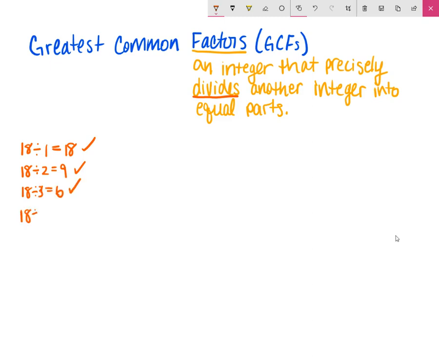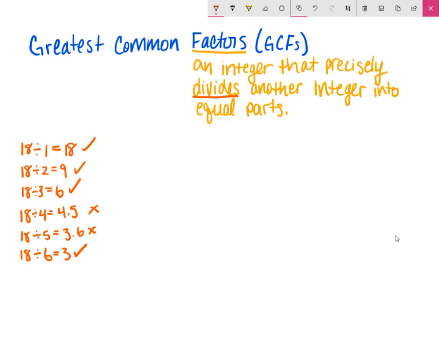How about 4? 18 divided by 4 is 4.5. That's not an integer, so that's not a factor of 18. How about 5? 18 divided by 5 is 3.6. That's not a factor. 18 divided by 6, well, we know that's 3.